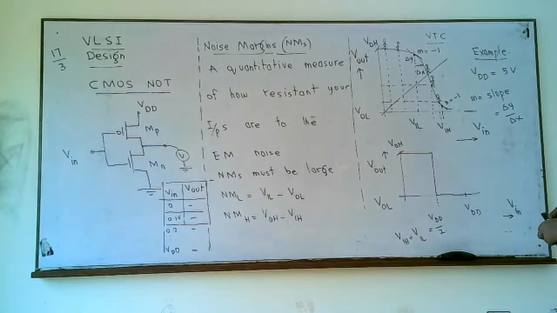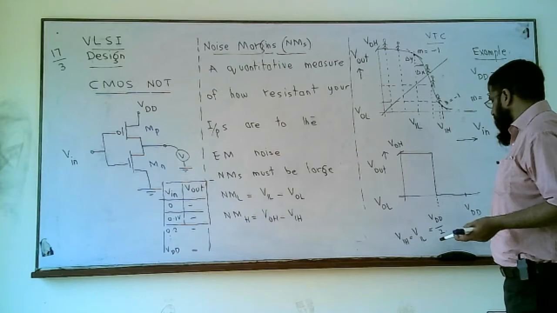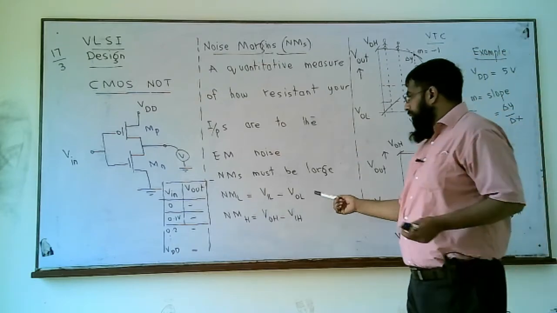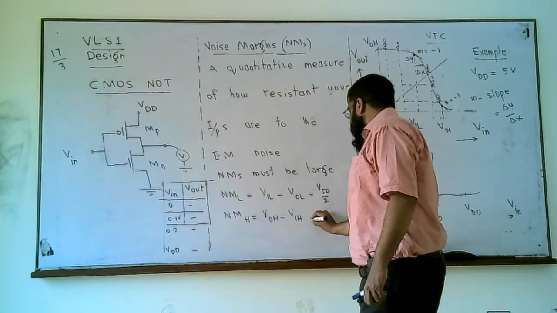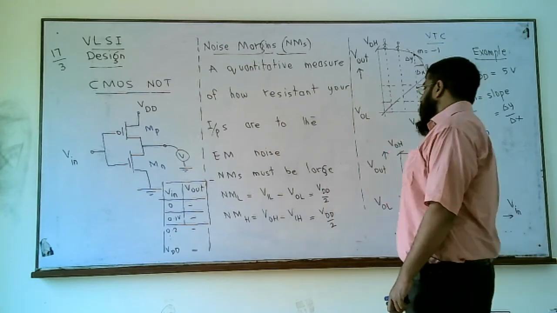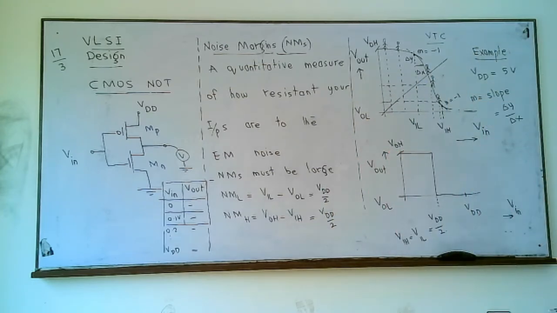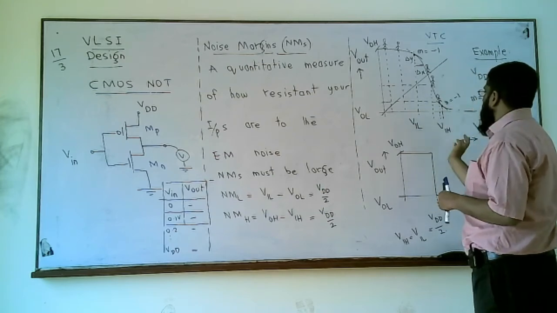This is the case where both noise margins, noise margin low and noise margin high, are very large, because VIL and VIH are both equal to VDD by 2. This is 0, so this would be VDD by 2 minus 0, and this is VDD minus VDD by 2, which is also VDD by 2. So both are large. This is the ideal case. Practically the curve is like this, so we have some different VIL and VIH.